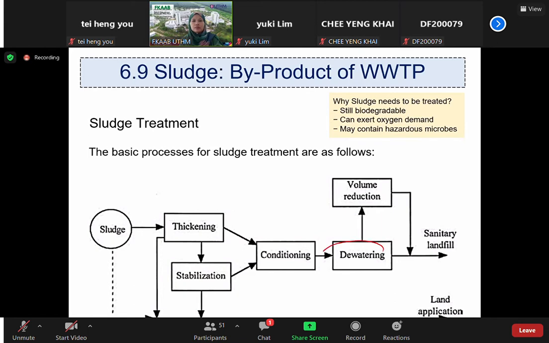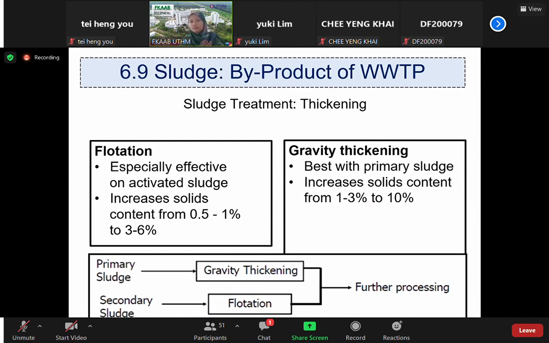Yang ni dewatering ini senang je pasal dia just jemur saja. Jadi kita ada sludge, macam satu kolah lah, as one of the compartment to do the what we call that drying process, and then finally we can send to the landfill. So this is the process of the thickening.